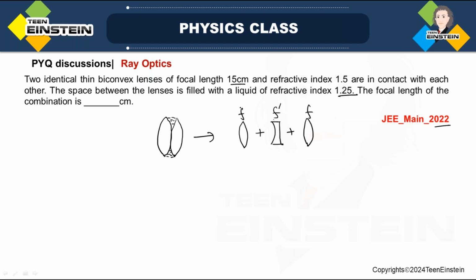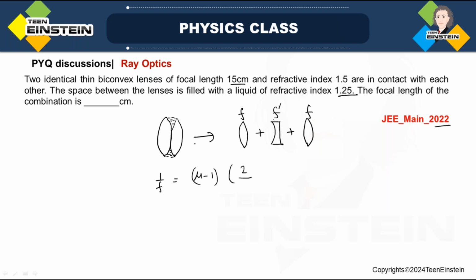So actually 1 over f is equal to, because I have to find out the refractive index of this in terms of f only, as radii of curvature are not given, 1 over f is equal to mu minus 1 into 2 by r.